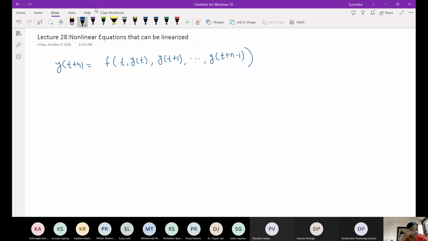So it is not always expected that we get the solution in explicit form, but there are some non-linear equation forms which we can linearize, and we know how to solve the linear equations. So we will see some examples of non-linear equations that can be linearized.